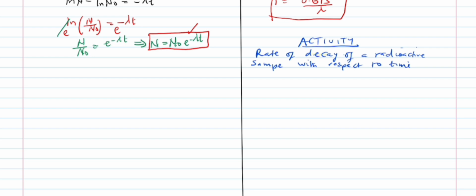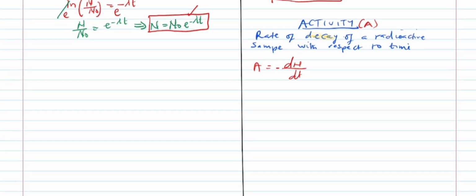The rate of decay or disintegration. So we can write this as dN/dt. So A is equal to minus dN/dt. That's the activity. The symbol is A.